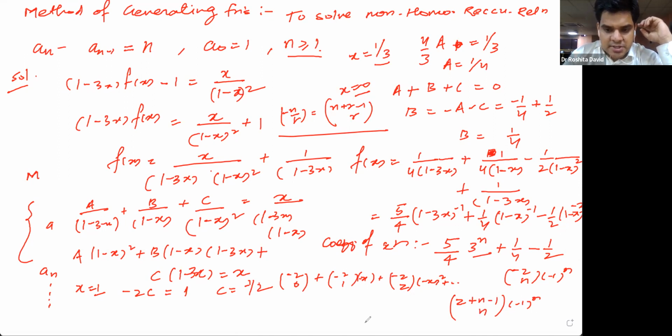N plus 1 choose n is nothing but factorial n plus 1 upon factorial n factorial n plus 1 minus n, which is factorial 1. So n plus 1, and minus 1 to the power n. So this is going to be your answer.